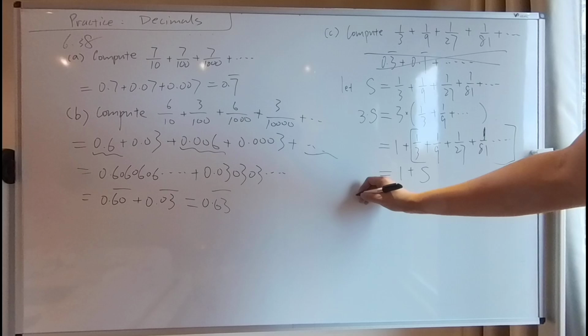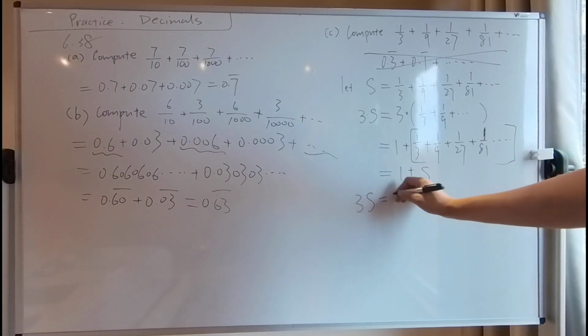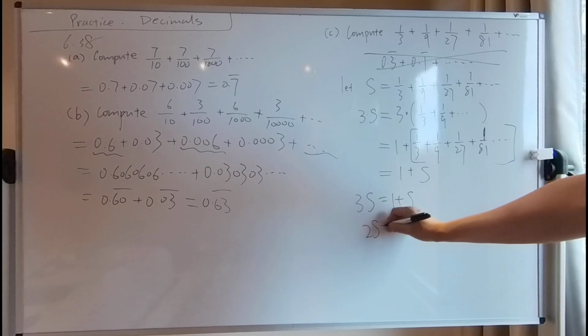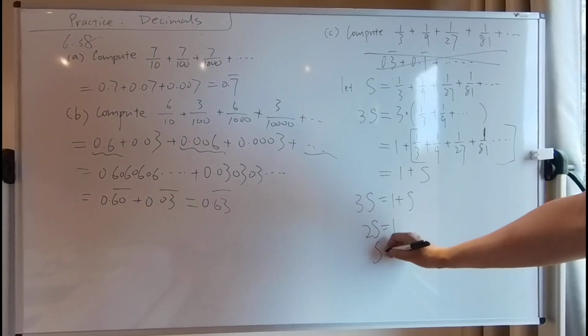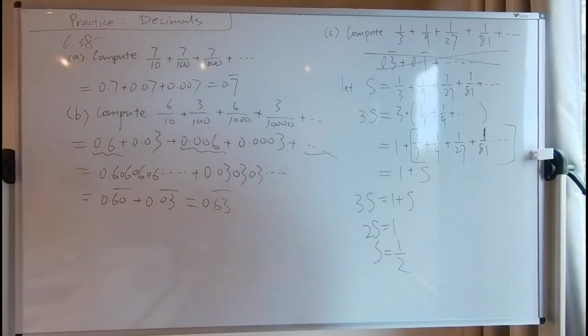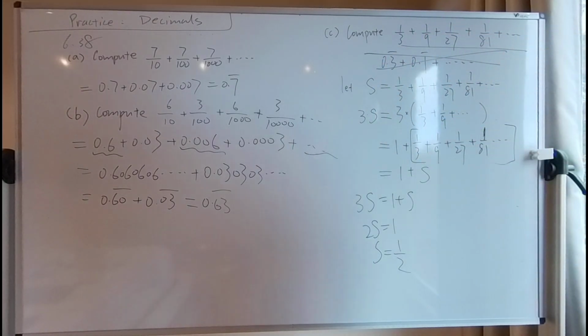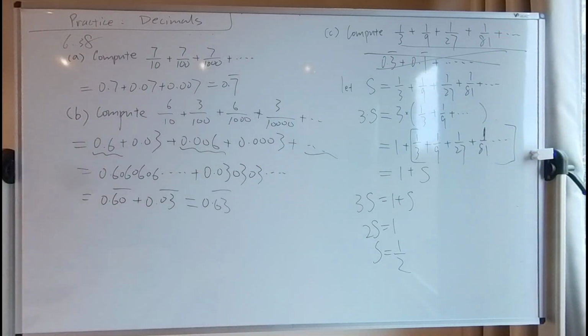Now I have an equation: 3s equals 1 plus s. Moving this back, I have 2s equal to 1, and I can solve s to be 1/2. So indeed, this infinite sum is just equal to 1/2 by this method. Okay, so that's all for the practice of decimals.